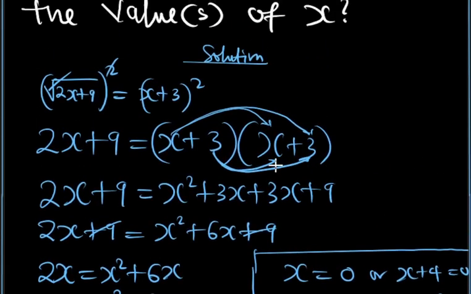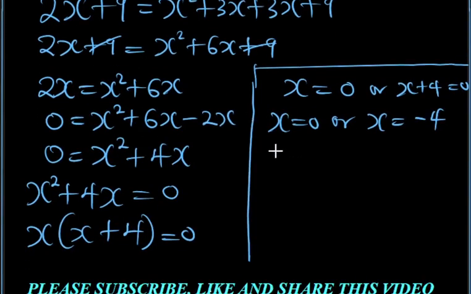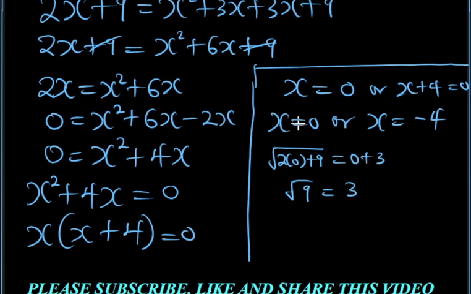So for x is equal to 0, we'll have square root of 2 times 0 plus 9 is equal to 0 plus 3. So 2 times 0 is 0, 0 plus 9 is 9. So root 9 is equal to 0 plus 3, which is 3. Okay, so this one is a value of x, so x is 0.